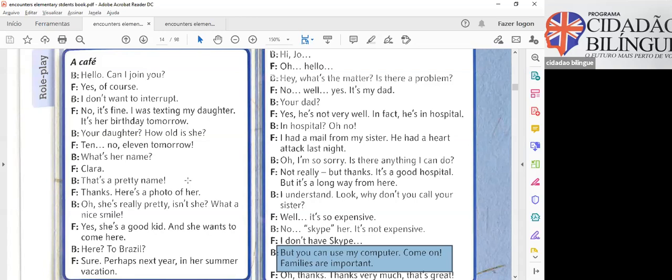That's a pretty name. Thanks. Here's a photo of her. Oh, she's really pretty, isn't she? What a nice smile. Yes, she's a good kid. And she wants to come here. Here, to Brazil. Sure. Perhaps next year, in her summer vacation.